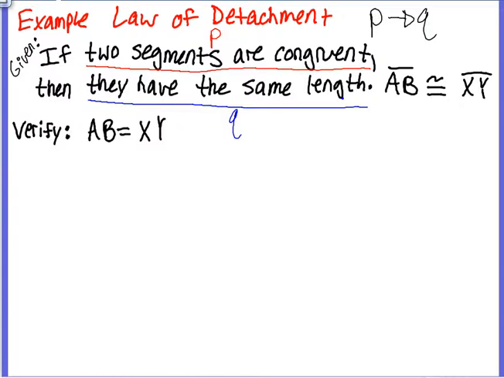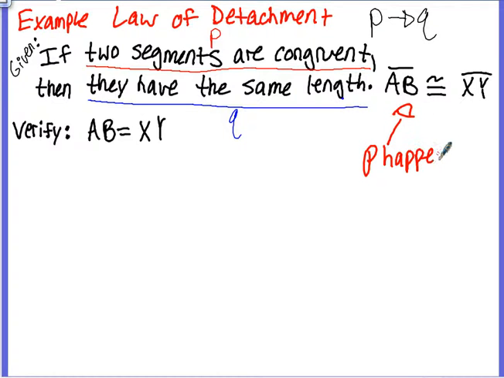This given information says line segment AB is congruent, remember the symbol for congruent, to line segment XY. Even though our statement didn't name line segments, it just said if two segments are congruent, we got a line segment, and this says congruent. So this means P happened, or P is true.